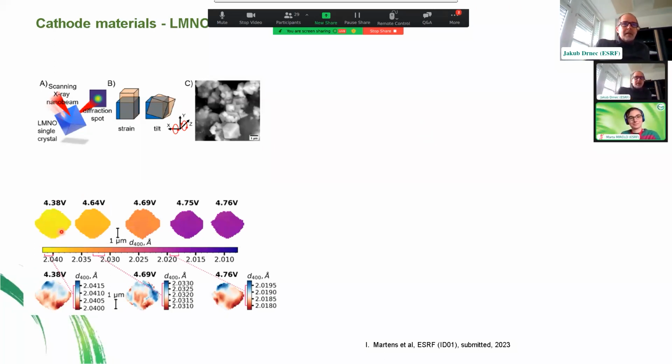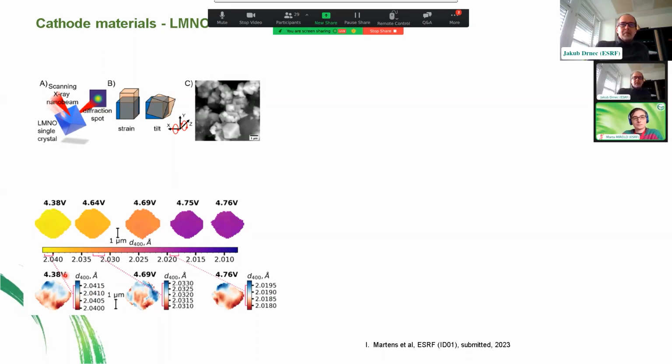If you look at the average lattice parameter of the whole nanoparticle, this corresponds to the general X-ray diffraction experiment we did on an ensemble of crystallites. This is just one crystallite, but it follows in general the same trend.